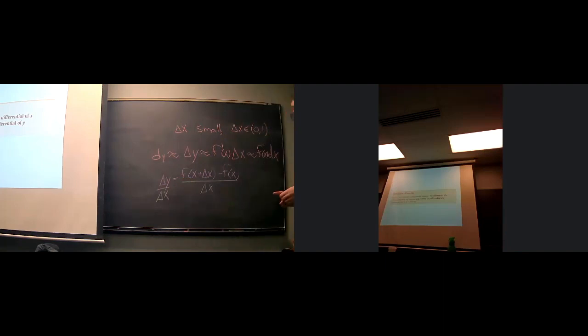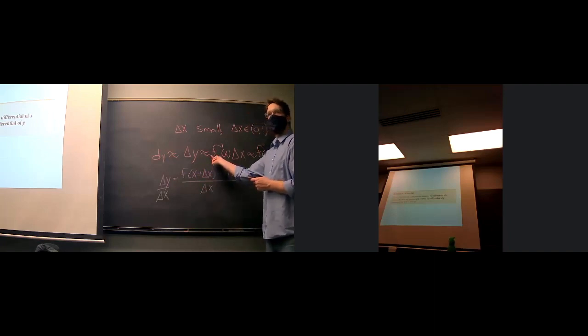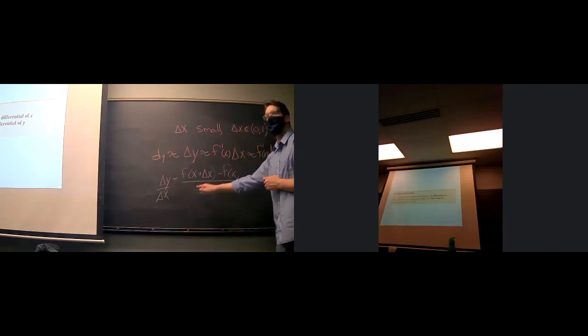So for really small x values, we're saying this thing is super similar to our derivative. Which makes sense, right? Because what's the derivative? The derivative is the limit as this delta x goes to 0, right?